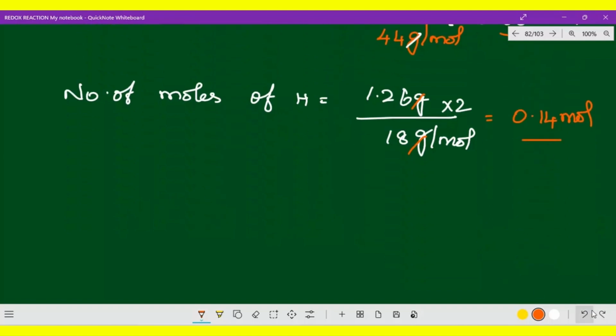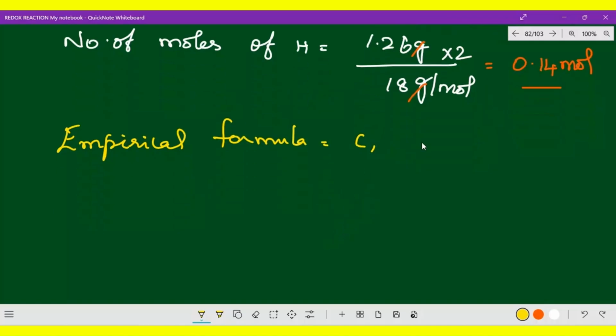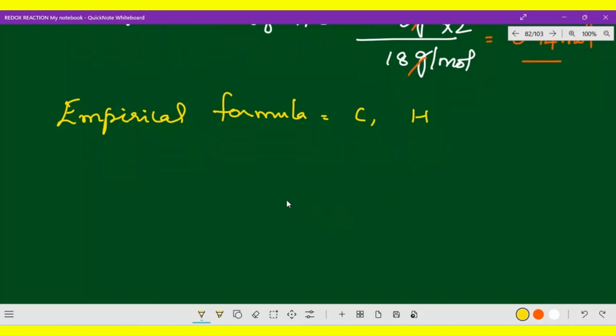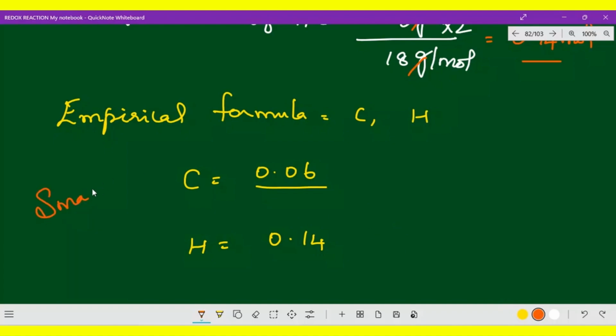Now for the empirical formula, let us check carbon and hydrogen one by one. Carbon is 0.06 and hydrogen is 0.14. Which is the smallest number? 0.06 is the smallest number. Now the smallest whole number ratio.